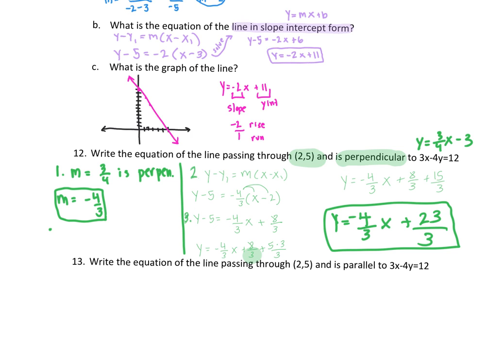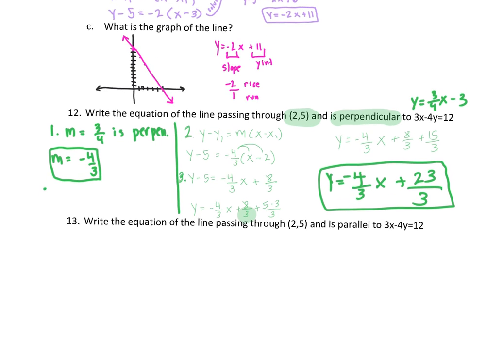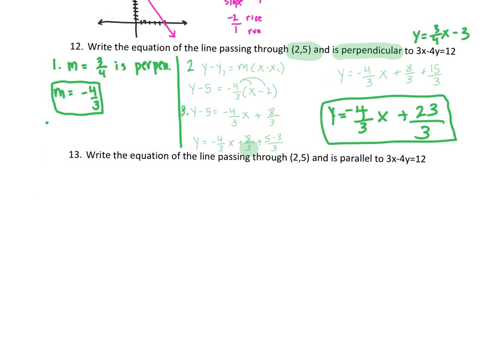After we do that problem, let's go ahead and go on to 13, which is a very similar problem. The only difference here is that we are now looking for the parallel line. So the first thing we do is we find the slope. We know that the slope of the line parallels 3/4, so our line is also 3/4.